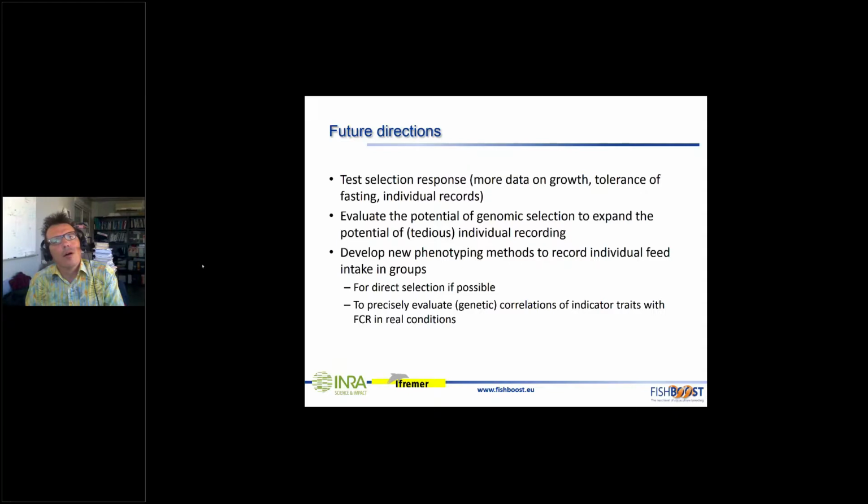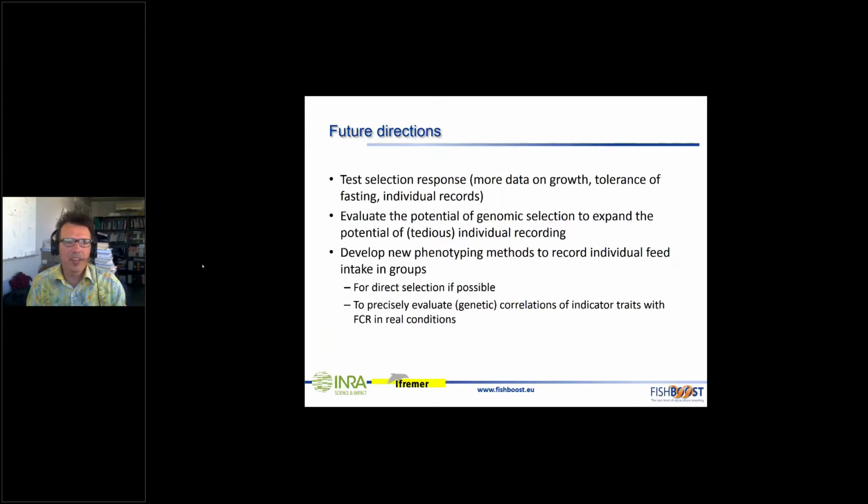Clearly, the growth under restricted feeding and the growth under ad libitum feeding is not the same trait. I don't have in mind the genetic correlation, but clearly it's not one.